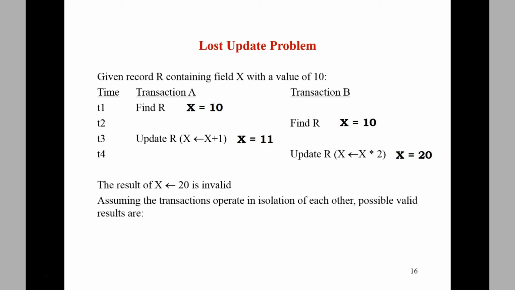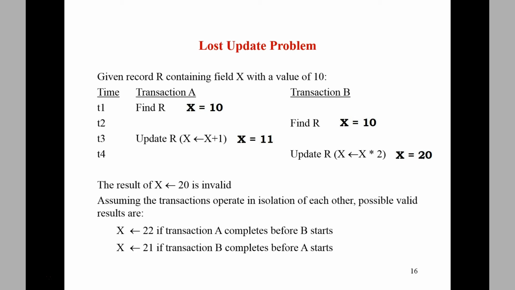So assuming that the transactions operate in isolation, the possible valid results from the executions of transactions A and B would be 22 for X if A completes before B starts, 21 if B completes before A starts.